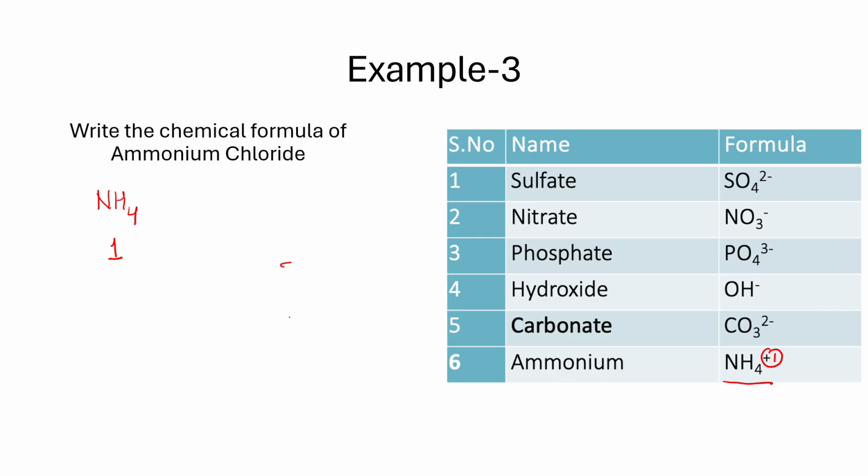By convention, ions with positive charge are written first and ions with negative charge are written later, just as we write in the name of the compound. Now, chloride is of course derived from chlorine, which has the symbol Cl, and if you refer to the periodic table, it's placed in group 7, so its valency is going to be 1.